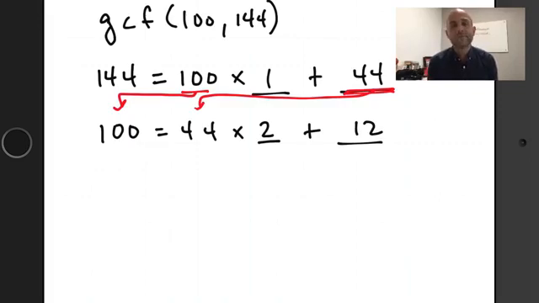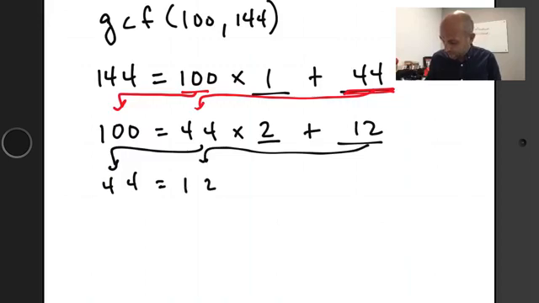And you can always help check me too. But 44 times 2 is 88. 12 more onto that is 100. So we're in good shape. I'm going to write this way. So 44 equals 12 times some number plus another number.